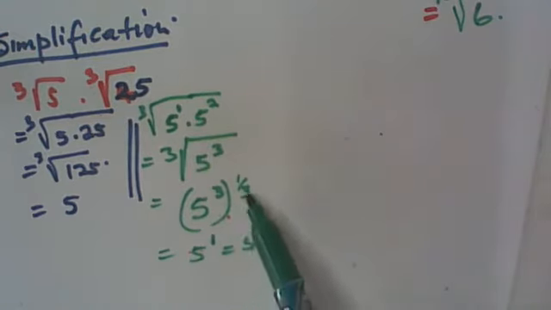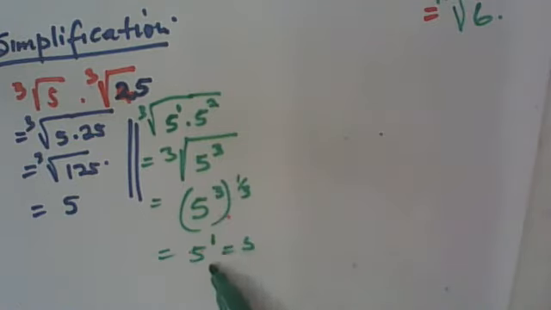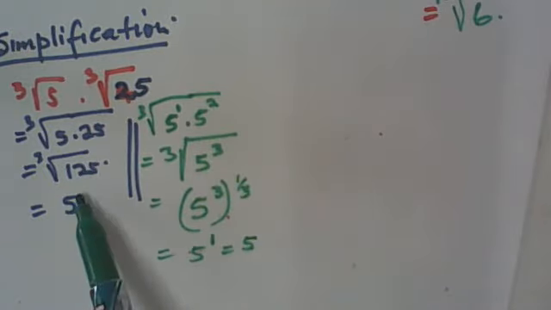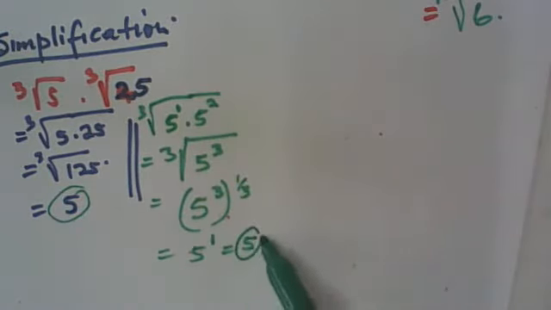Then you multiply, the 1 over 3 of 3 is 1. So 5 to the power 1 is 5. Now if you look at this and that, the answers are the same.